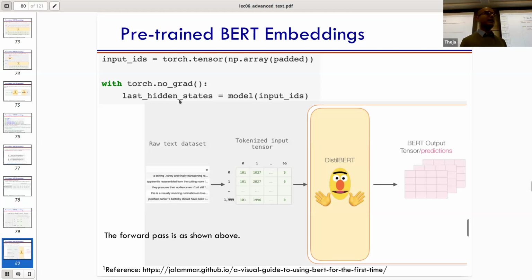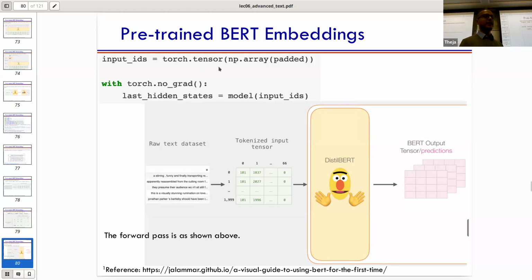It turns out that the model generates one vector per location, right? So if it's 66 locations, then there's 66 vectors. So you only have to pick up the first vector or the 0th index vector, right? So that's the only detail.